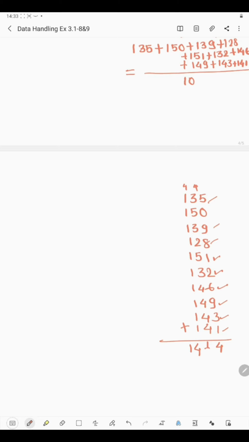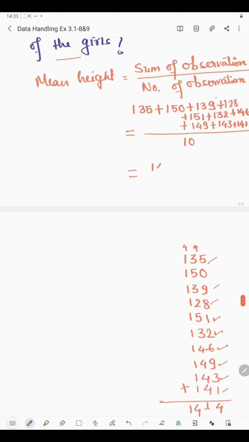So it's 1414 divided by 10. We know that it is easier to divide by 10 as there is a 0 in the denominator. So we just write the same value, and after the decimal we keep one digit, as there is one 0. So it's 141.4 cm. So this is the mean height.